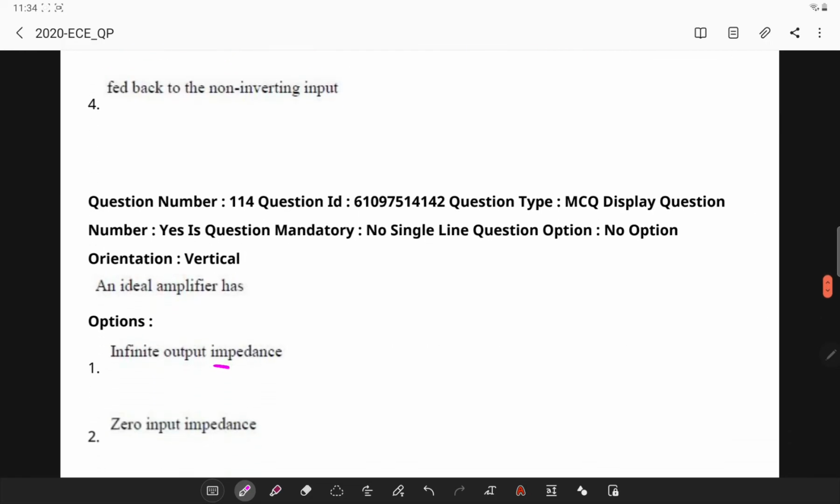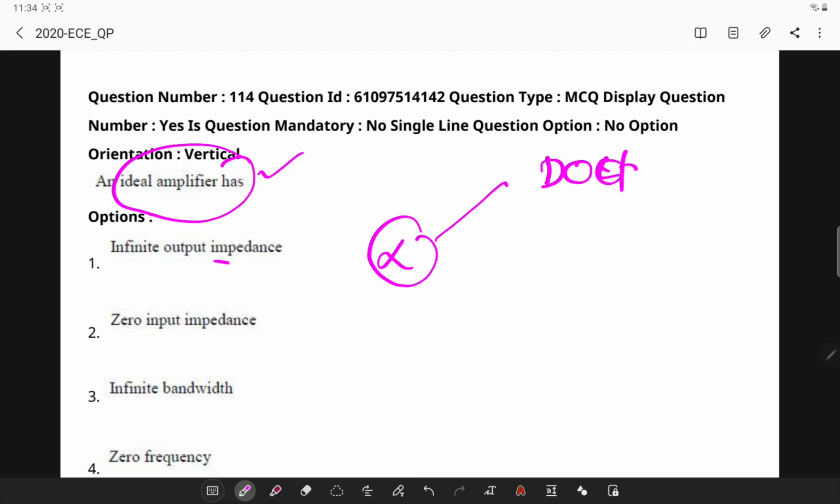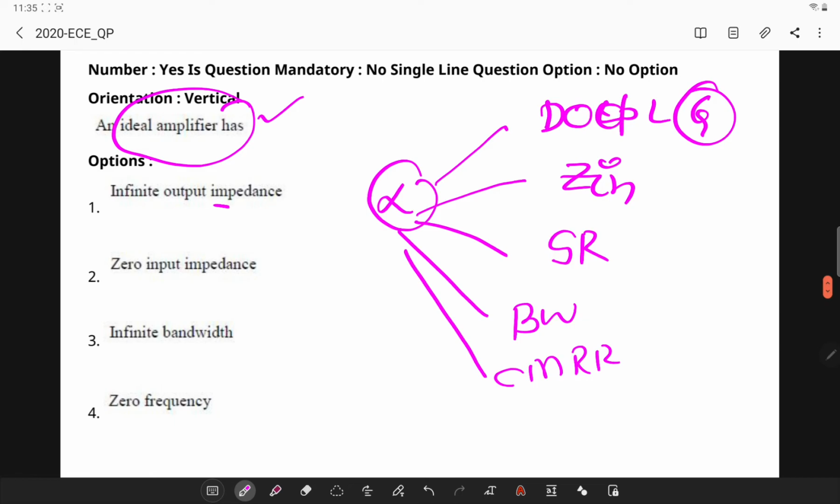Next, what is an ideal amplifier? An ideal amplifier will have infinite DC open loop gain, infinite input impedance, infinite slew rate, infinite bandwidth, and infinite CMRR. Okay, so ideally it will have this.